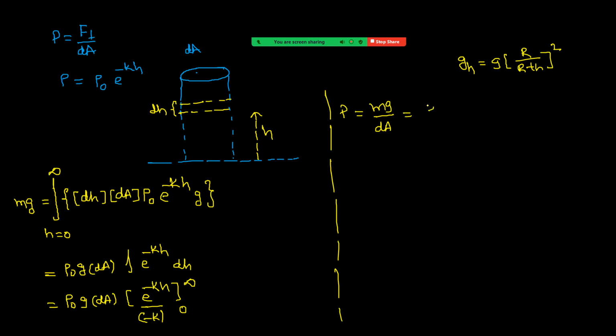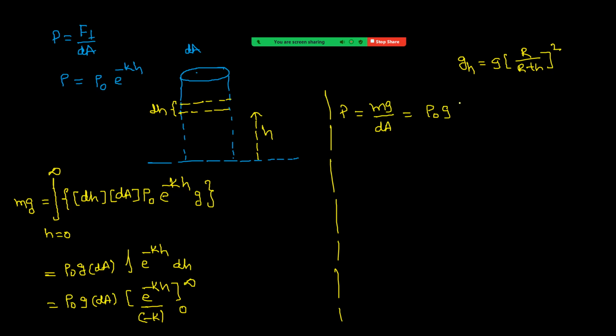That is equal to rho naught g, now substitute limits, we have minus k. If we take infinity, that becomes 0, and if we take 0, e power 0 becomes 1.